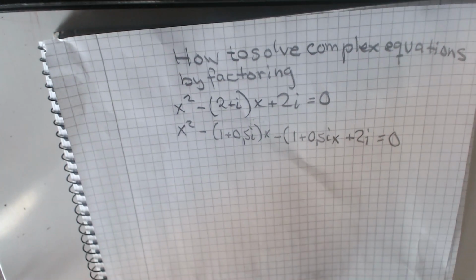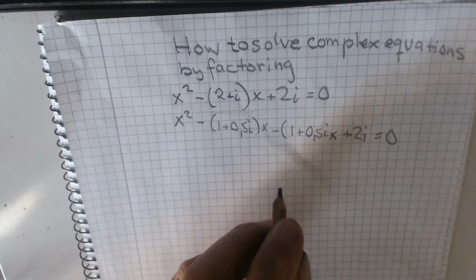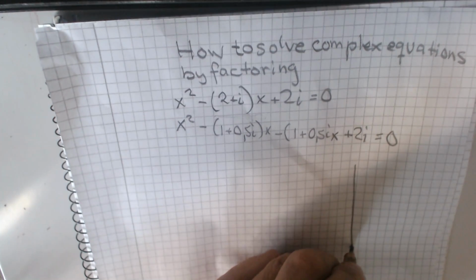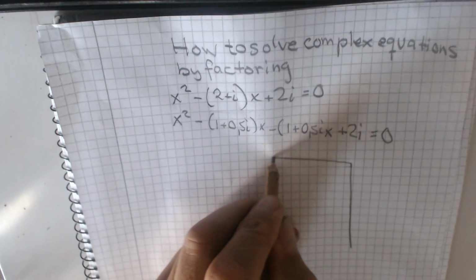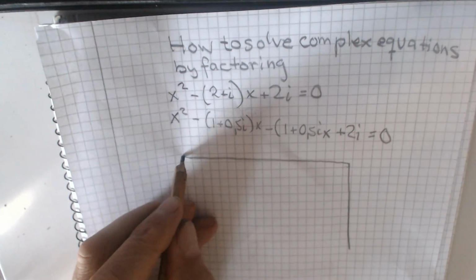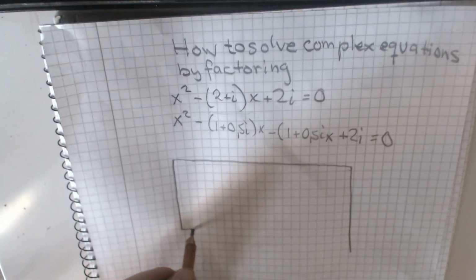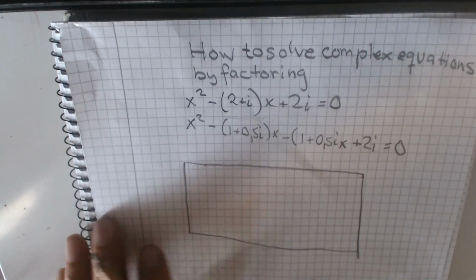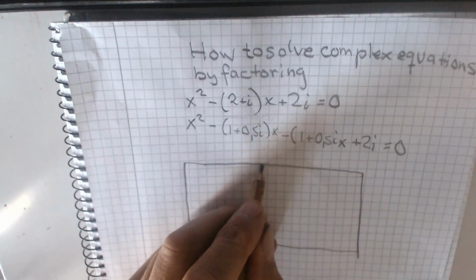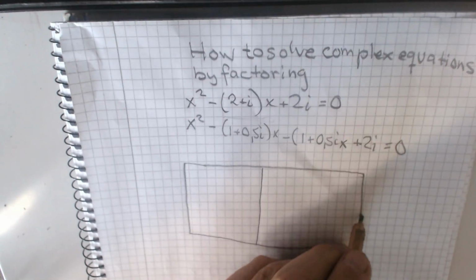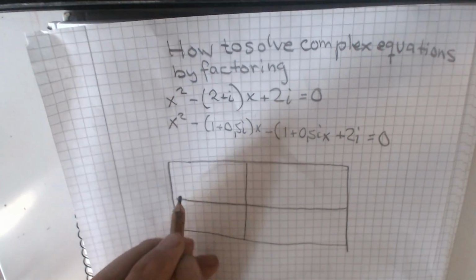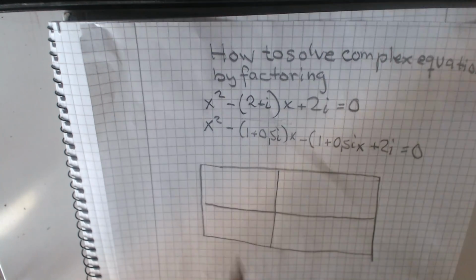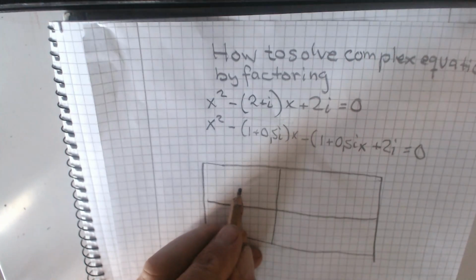And then we're going to use the generic rectangle. So we write a rectangle here, and it should be big. In a generic rectangle, you divide it into 4 minor rectangles, and then we put the first term into the first rectangle here.